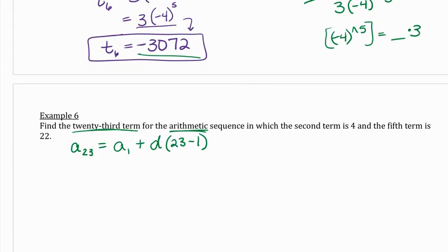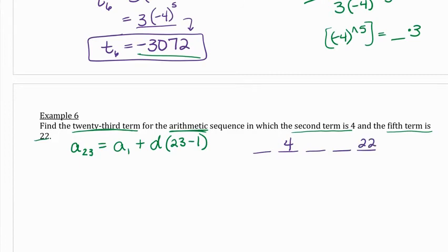Okay, this time we're given that the second term is 4 and the 5th term is 22. So this time we're going up to 5 terms. I'm going to write out my terms over here: 1, 2, 3, 4, 5. We know the second term is 4 and our 5th term is 22.